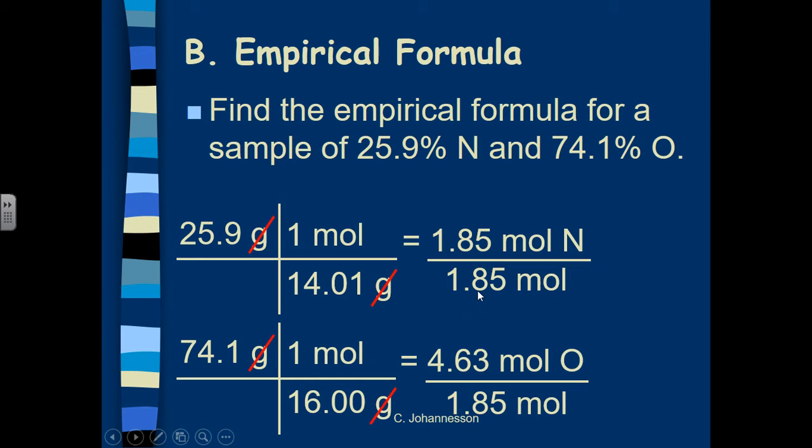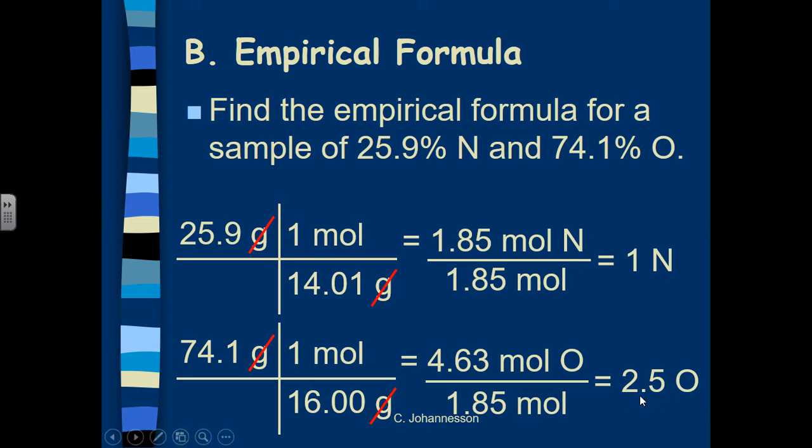So one of them will always be 1, because the smallest number divided by itself is going to be 1 every time. Now this number, when you divide it, is 2.5. Now here's the tricky part about empirical formulas. They have to equal whole numbers. Our 1 is already whole, but 2.5 is not. So the very last rule that you wrote down said that you have to multiply by 2, 3, or 4 to get whole numbers.